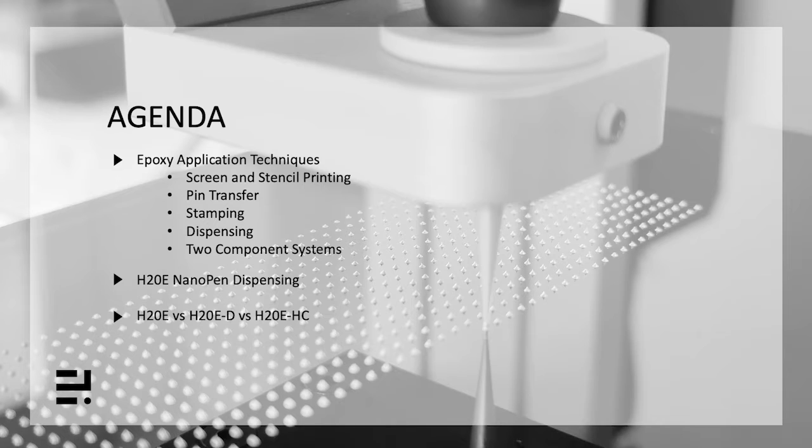Then we're going to go into a case study looking at the EPO-TEK H20E with the nano pen dispensing system. And then into an additional study where we look at several different EPO-TEK H20E variants and how that affects dispensing. Finally, we'll wrap up with a Q&A session.